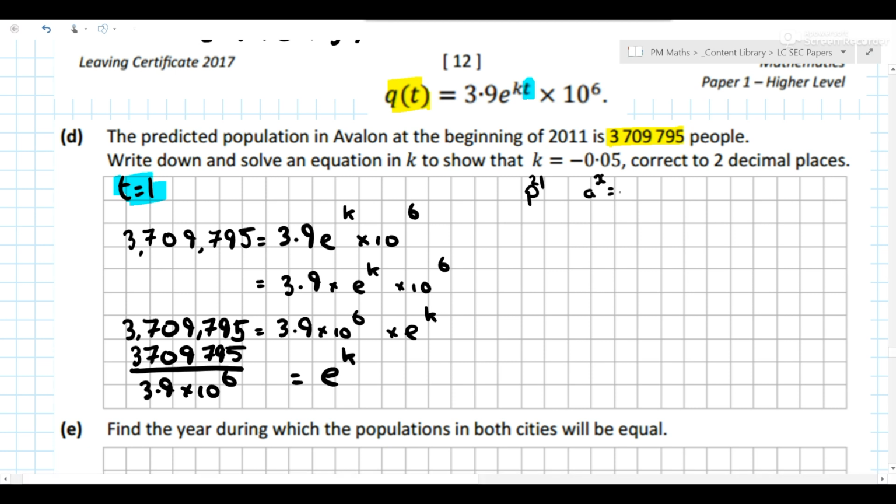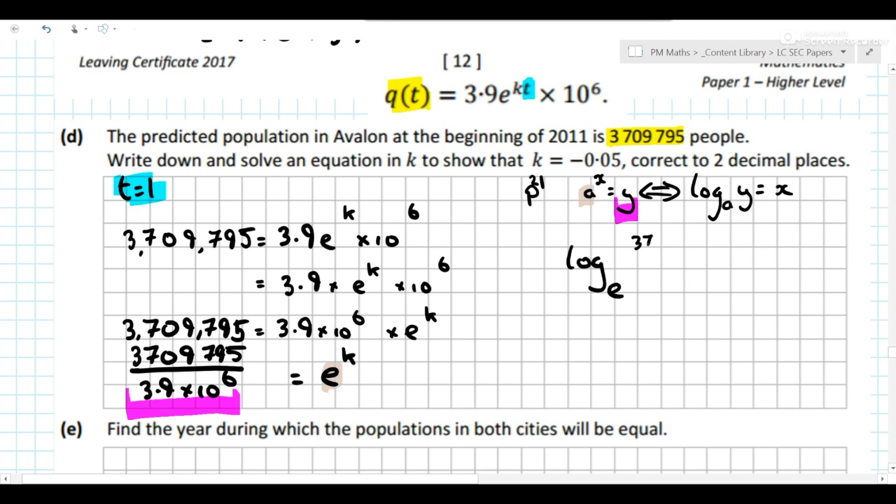A to the x is equal to y, log to the base a of y is equal to x. So, looking at it, we know our y, it's what's on its own. And our a, which is e. So it's going to be log to the base a, which is our e, of y.